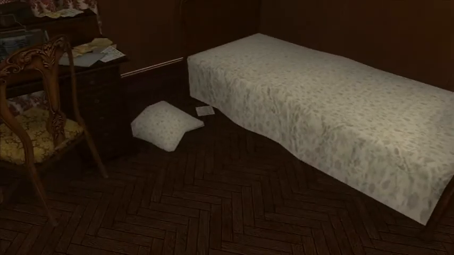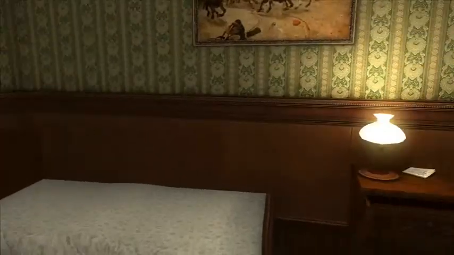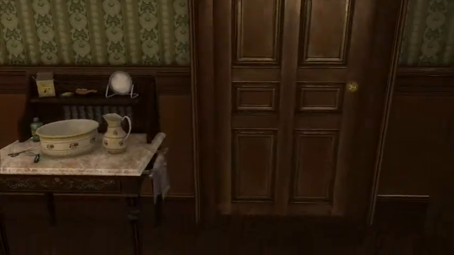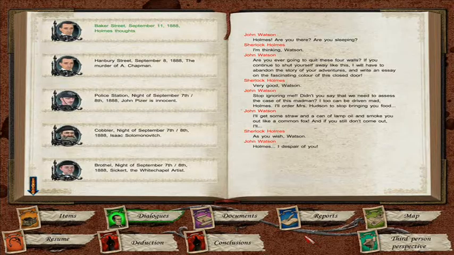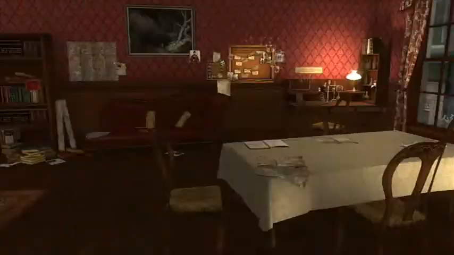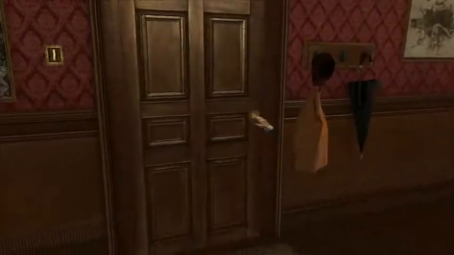Someone has tried to... The pillow is down there. Oh, there's no door to that room. Okay. I suppose I can just leave the room then.